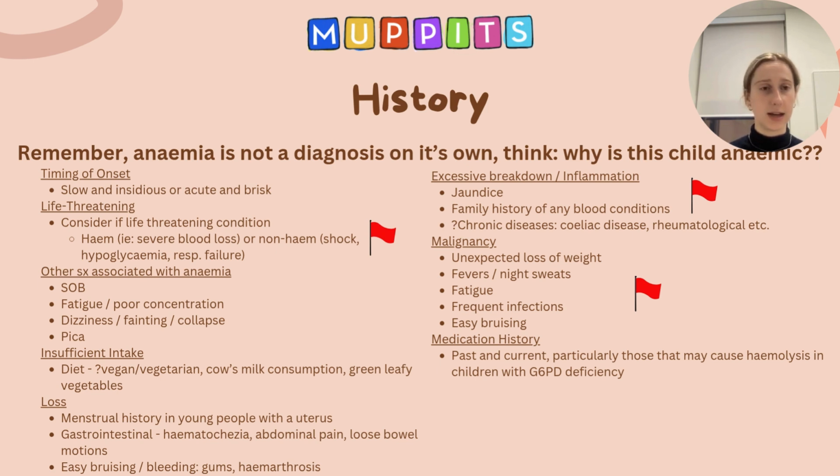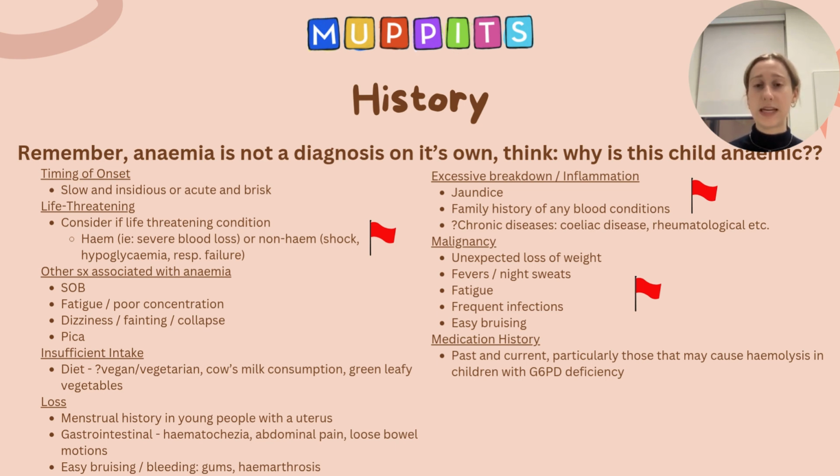Dizziness, fainting, and collapse might be reported, particularly in older children and adolescents. And pica, or the consumption of non-nutritive substances as well, things like ice or dirt and sand can be quite common.